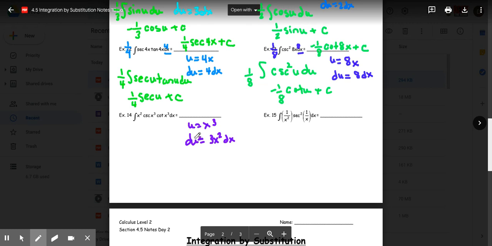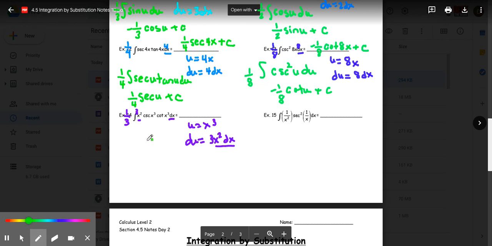Now look at this. You know you picked the right u when your du is mostly in there, except for maybe a number. So we already have the x squared dx, right? This x squared dx. We already have that in there. What do I need? I need a 3. So just put it anywhere in the integral, the 3 you need, and just don't forget to multiply by 1/3 on the outside.